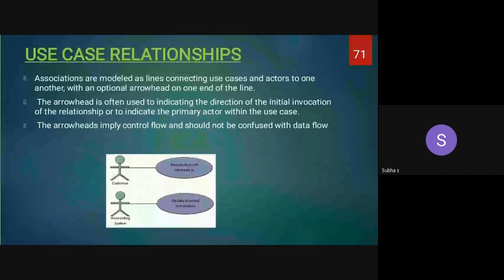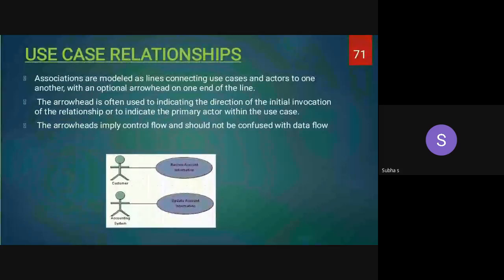We are all viewers, outside the box. The only action we are going to take is to listen and view, because we are the actor only. The use case relation is an association modeled as a line connecting the use case and actor to one another.